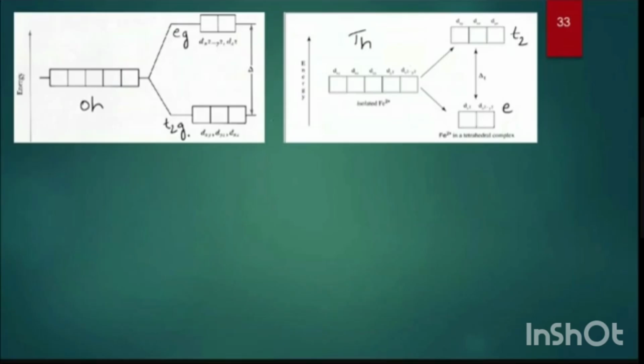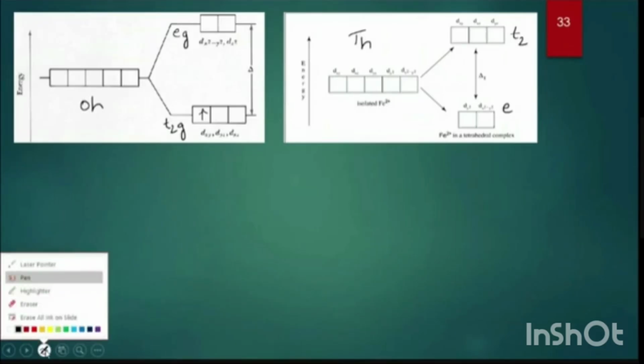Now, when the d orbital splits into two energy levels, if it contains an unpaired electron, that unpaired electron will be transferred to the higher energy d orbital. This is called d-d transition, the excitation of an electron from a lower energy d orbital to a higher energy d orbital.